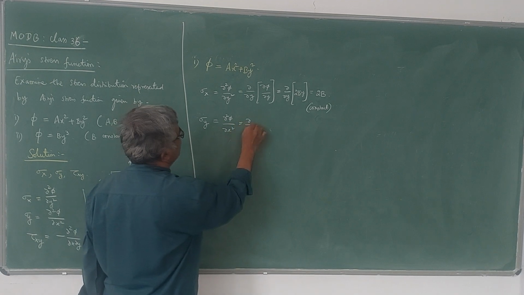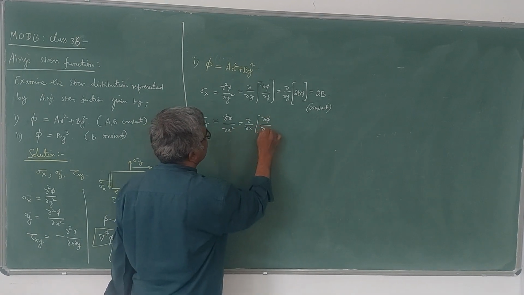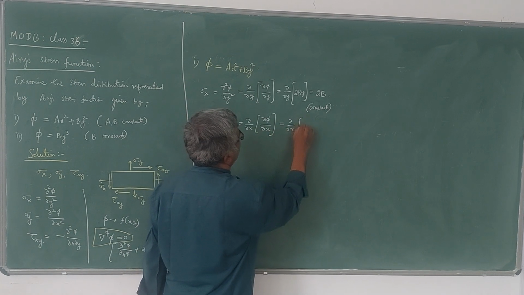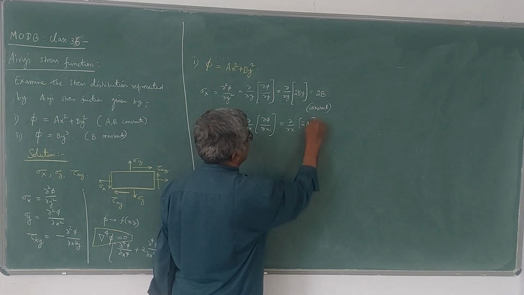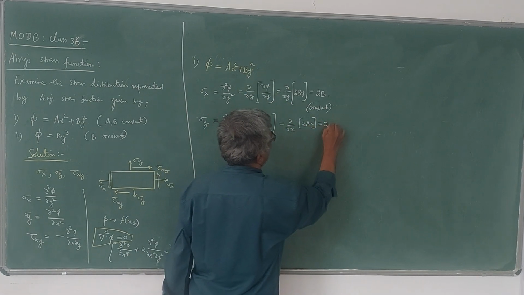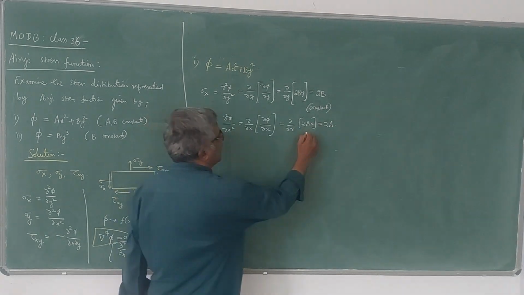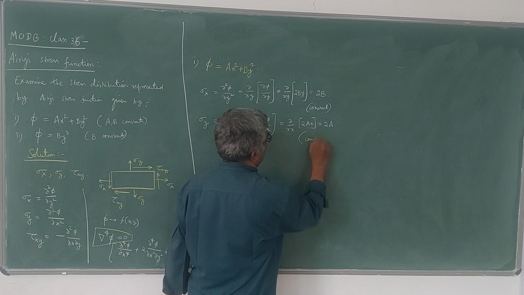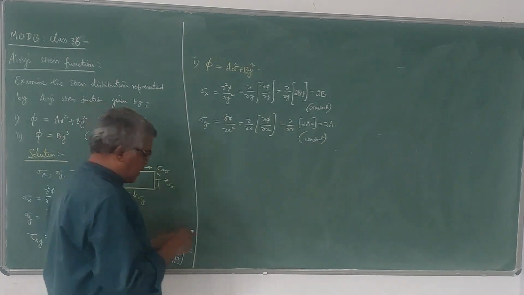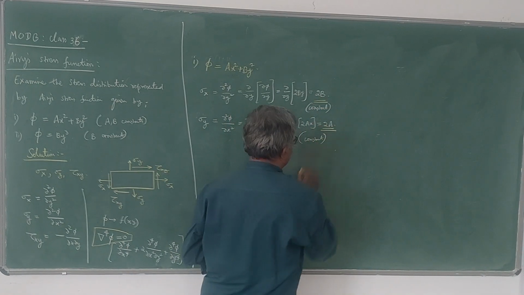So in this case it is dou by dou x of dou phi by dou x, which is nothing but dou by dou x of 2ax, because the derivative of this term will become 0, and this is nothing but 2a. If you differentiate this with respect to x, you will get 2a. This is another constant. You can see that this is another constant. That means both sigma x and sigma y are constant. They don't depend on either x or y.